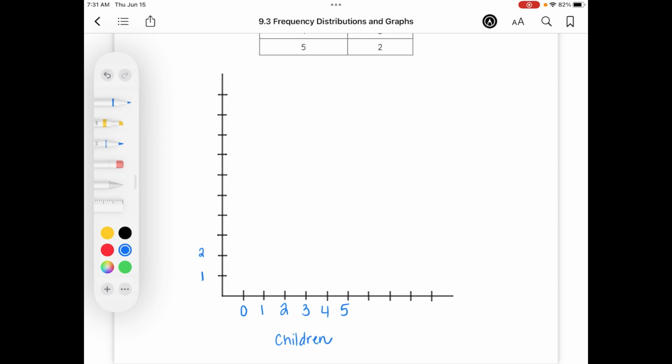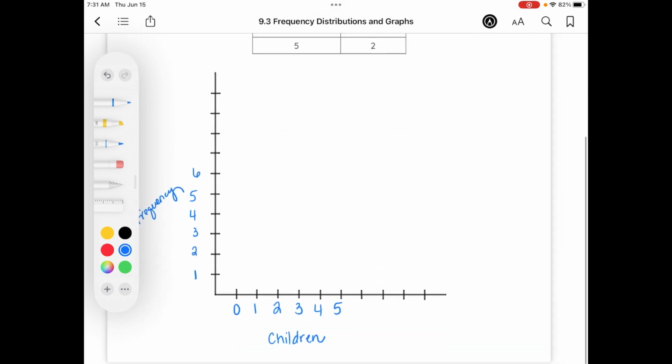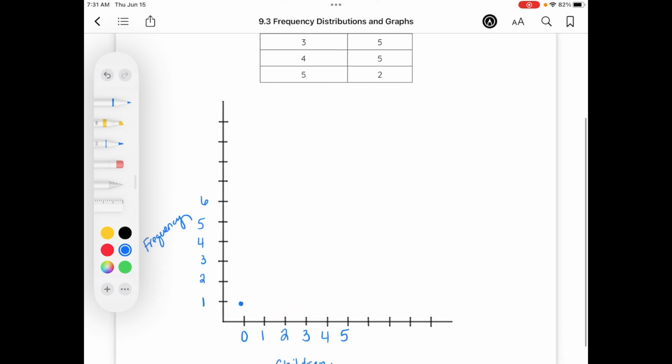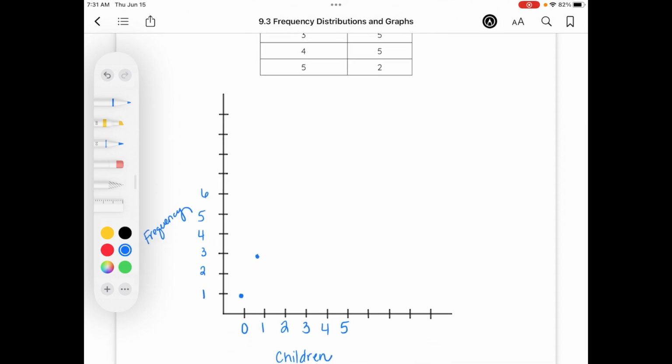And then the frequency: under 0, we had 1 child, so 0 goes to 1. 1 had 3. 2 had 4. 3 had 5, 4 had 5, and 5 had 2.